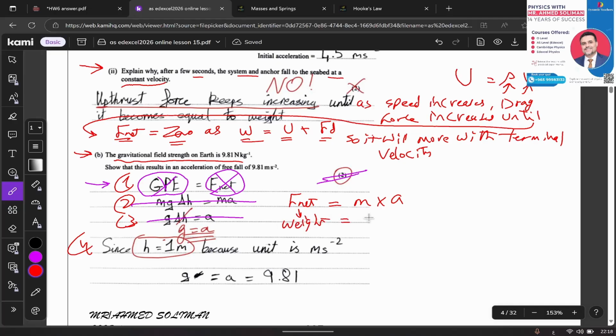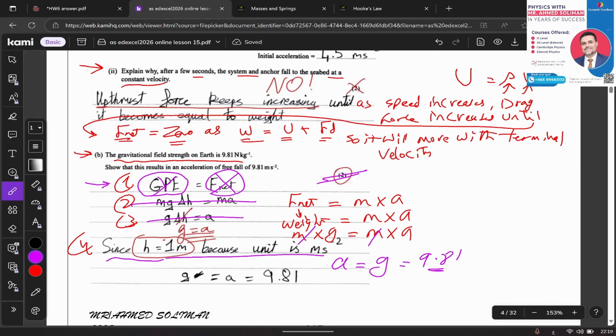Equal mass multiplied by acceleration. Weight equals mg equals mass multiplied by acceleration. We can cancel out what? Mass. So now acceleration equals g equals 9.81. Easy question. We took it before, right? So all of this, he said since h equals 1 meter because the unit is meter, all of this is incorrect. From where this student got this answer, I don't know.